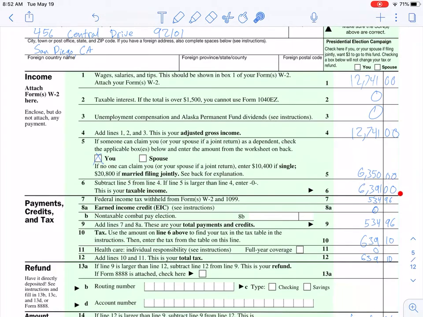This is the taxable income. So we figured out the standard deduction, and the standard deduction's here. So here's what she made. Subtract the standard deduction, and this is what she has to pay taxes on. This amount here, box 6.